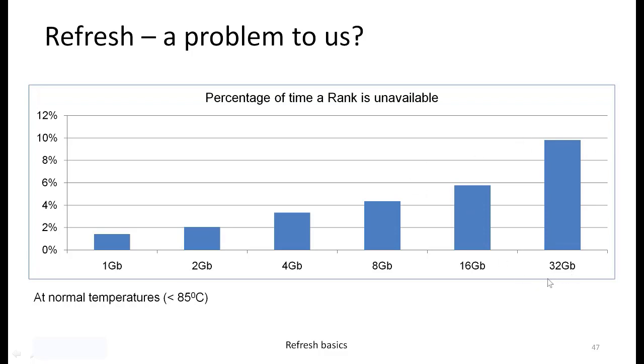So for example, for a 32 gigabit device, the main memory is unavailable to us for almost 10% of the time. And this is during the normal temperature, which is below 85 degrees.